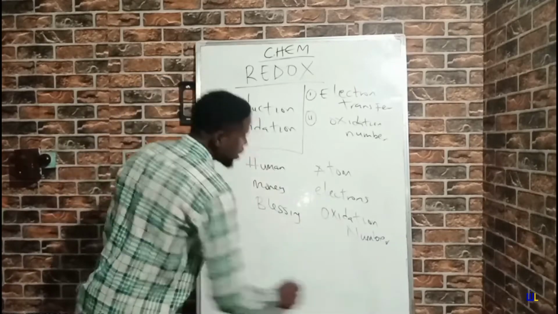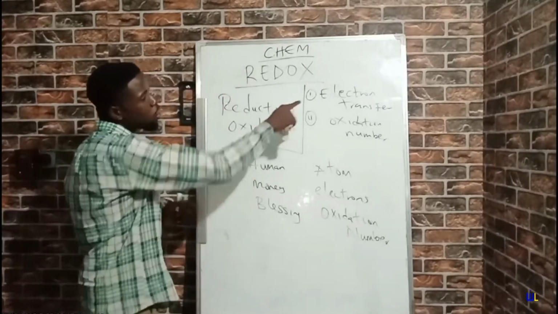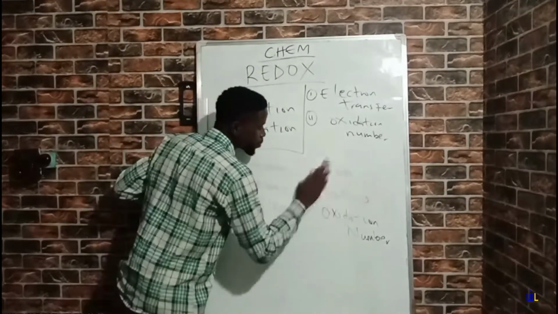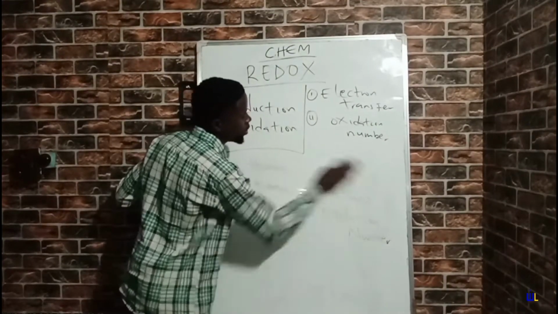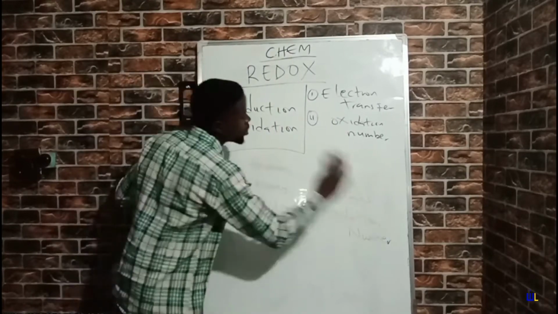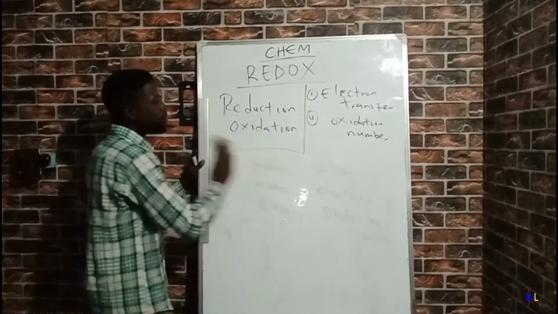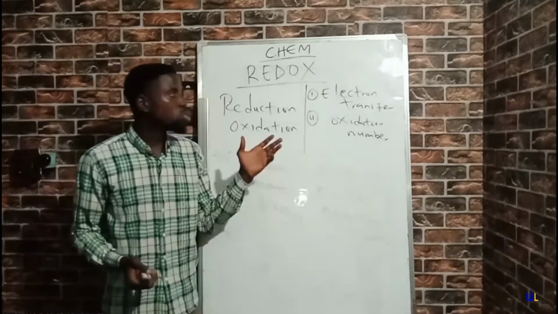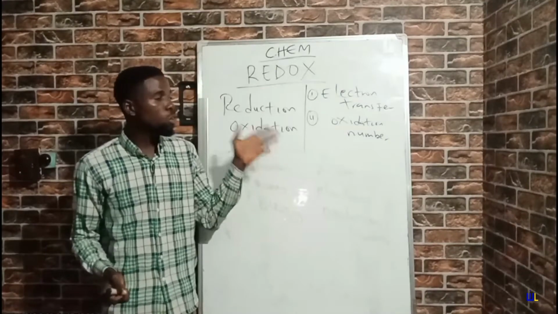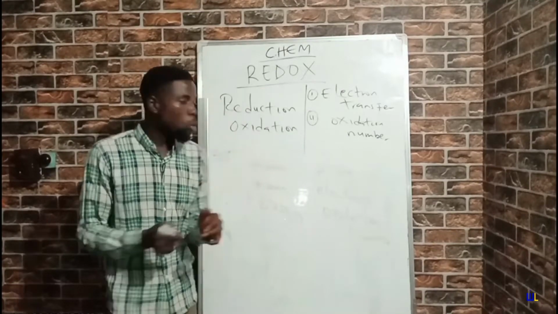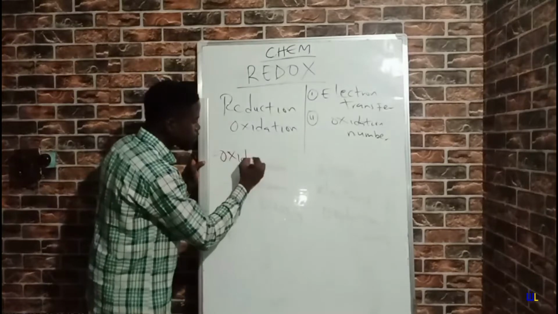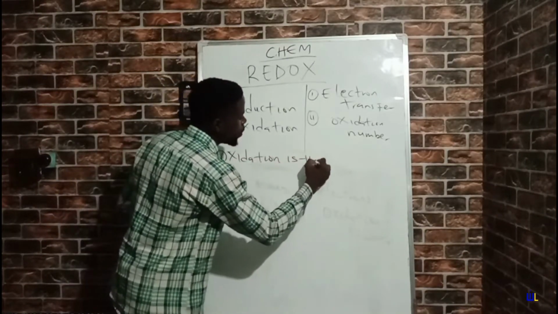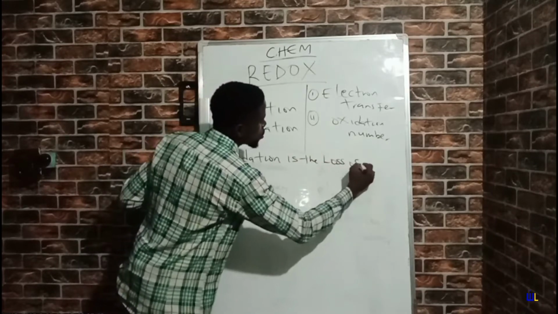Okay, so let's continue. Now, with that established, let's come to defining them individually based on electron transfer and oxidation number. Whenever you are talking about oxidation and reduction based on electron transfer, oxidation is the loss of electrons.